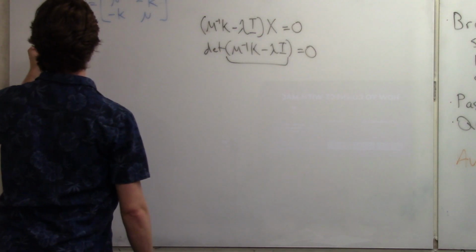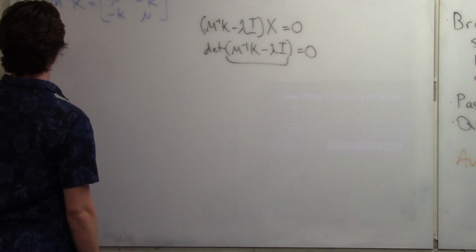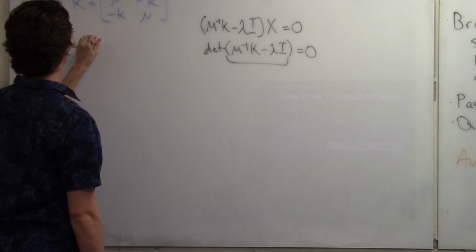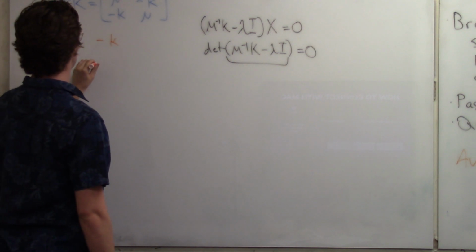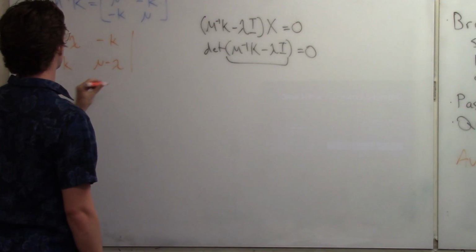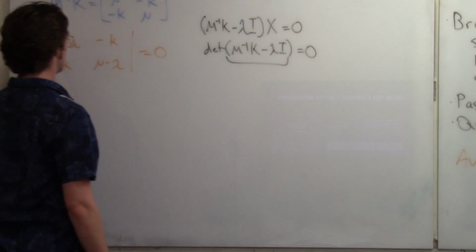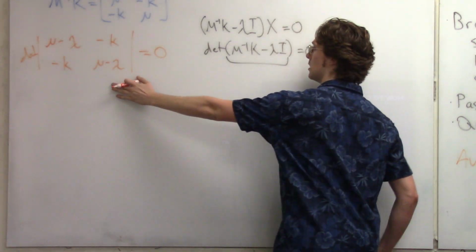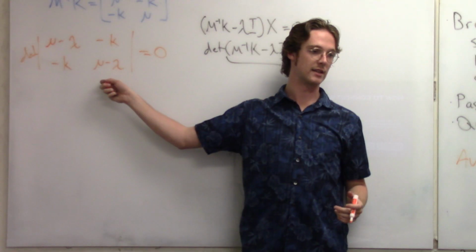All we're going to do is just subtract the lambda from each of the diagonal elements, which is going to be mu minus lambda, negative k, mu minus lambda. Now, the determinant of this matrix is equal to 0. So now we're just going to take the determinant of this.